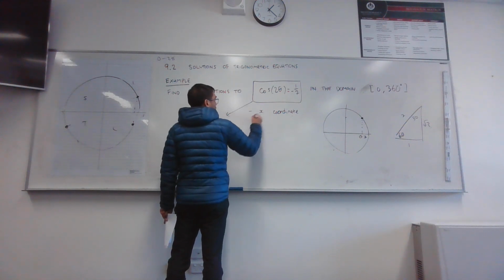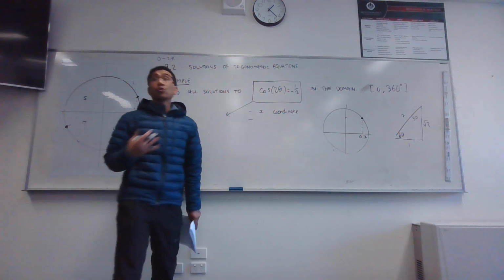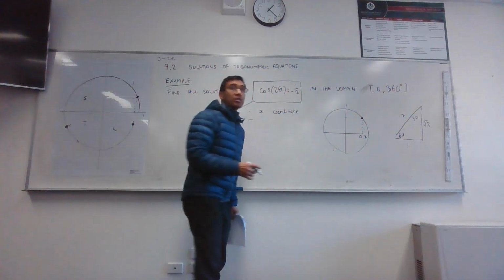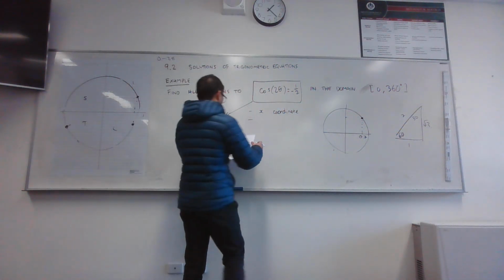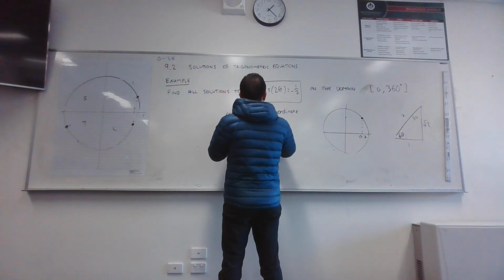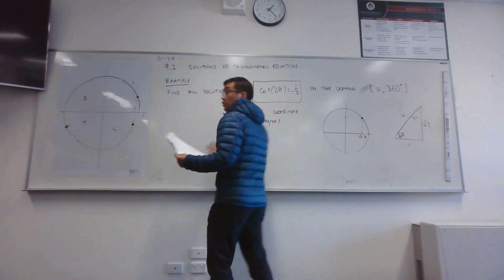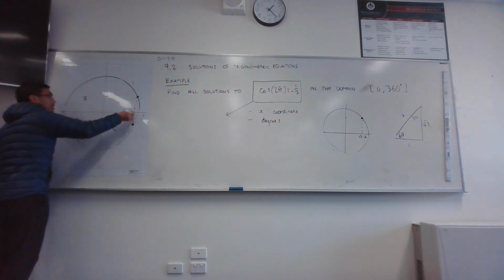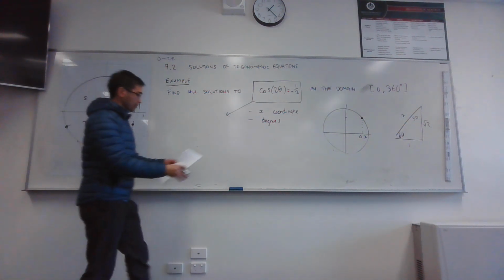X. And what do we need to do to our calculators now? Degrees. So punch it into degrees, please. Degrees, remember, is on the inside of the circle, radians on the outside.